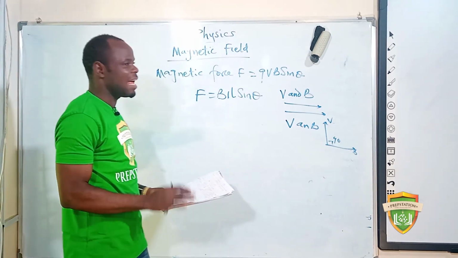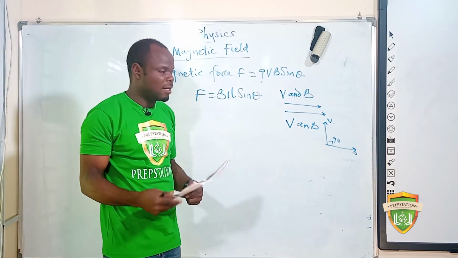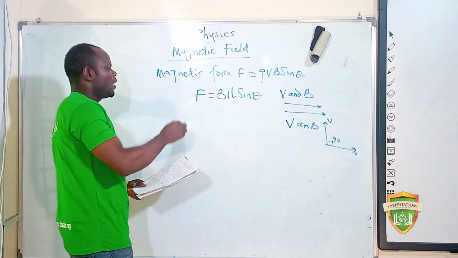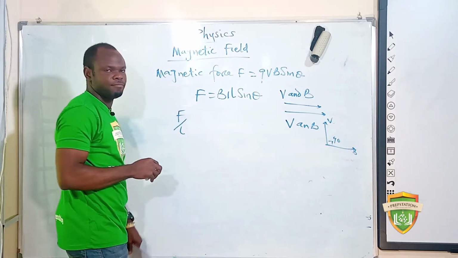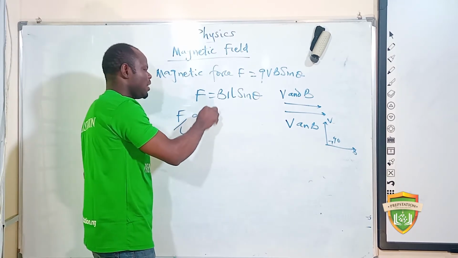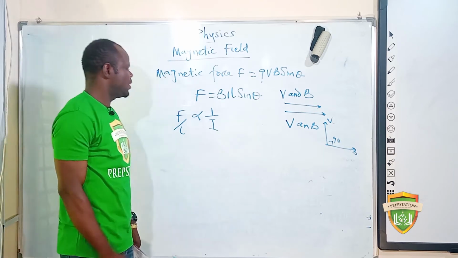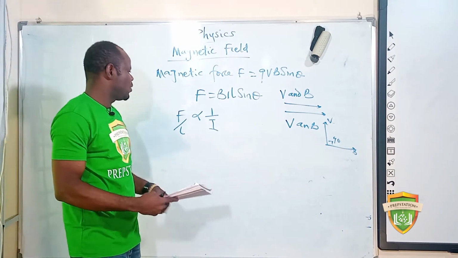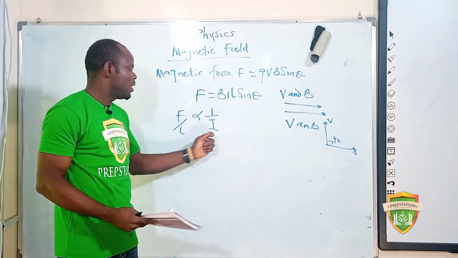Let me give us the last expression for this magnetic field before we take a question. The ratio of force to the length is directly proportional to the reciprocal of the current. This is what we have. The ratio of force to length is inversely proportional to the current.